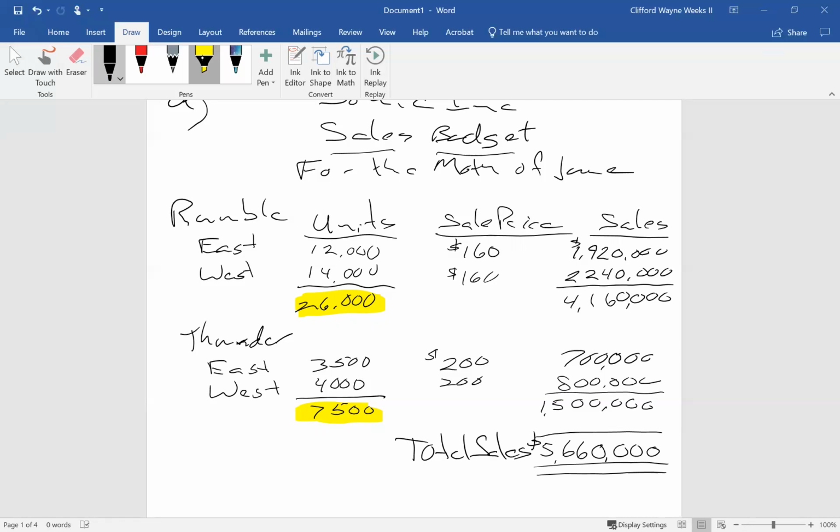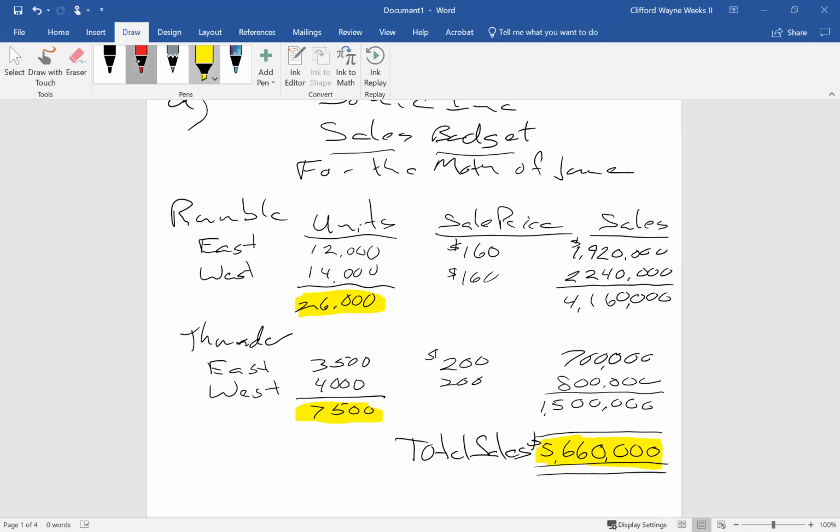See, this is a crucial number because the reason that we're doing this was for the operating budgets, and the ultimate operating budget is the budgeted income statement. And so this number here is the third most important number on this sales budget.